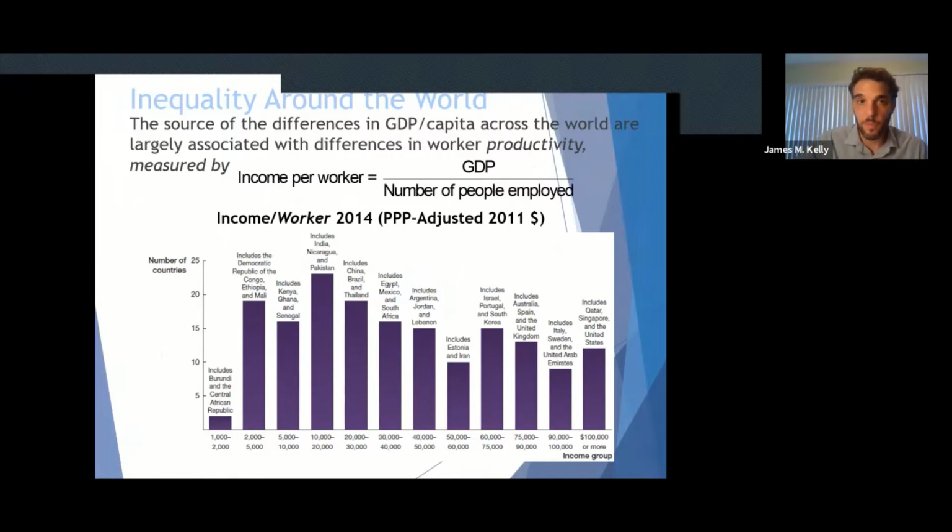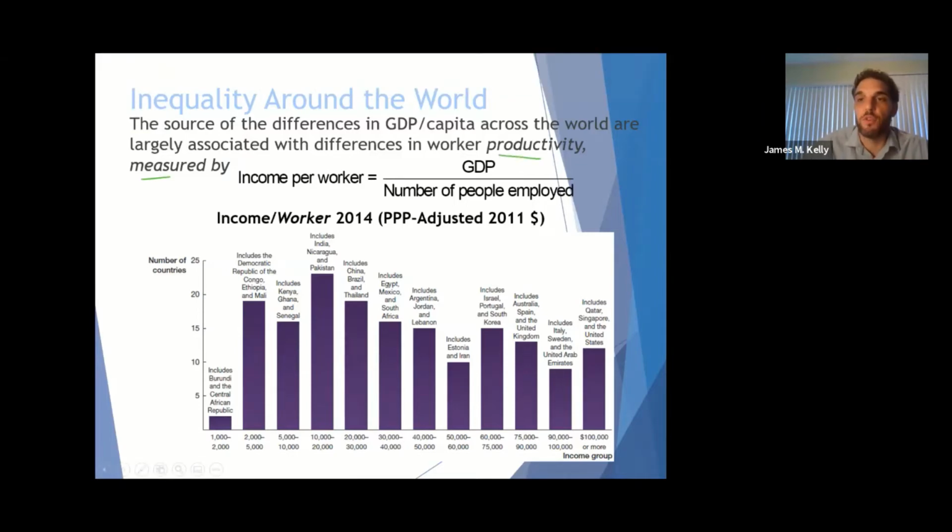So if we take a look at this graph down here, instead of real GDP per person, here we have real GDP per number of workers, per number of people employed. So what we're looking at is income per worker, which is really a measure of productivity, okay? We're really looking at how productive the average worker is.